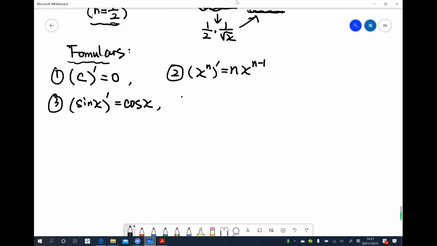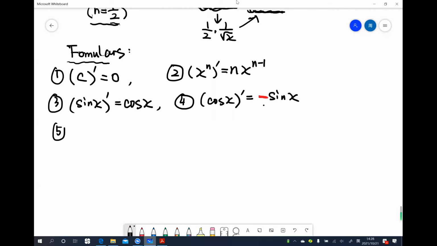Following number 4, that is cosine x prime, which equals to minus sine x. Don't forget the minus sign here. I will use a red color to emphasize.